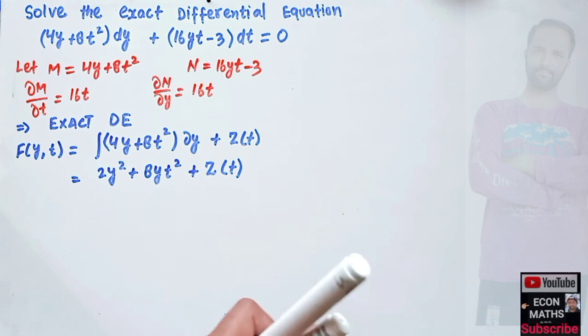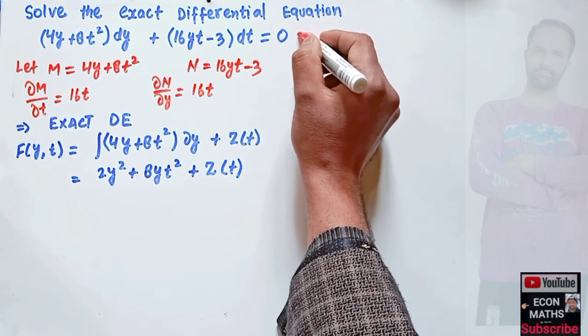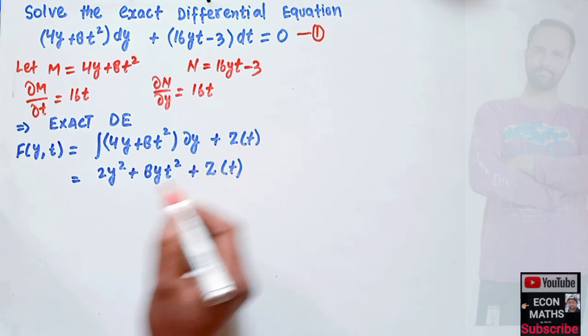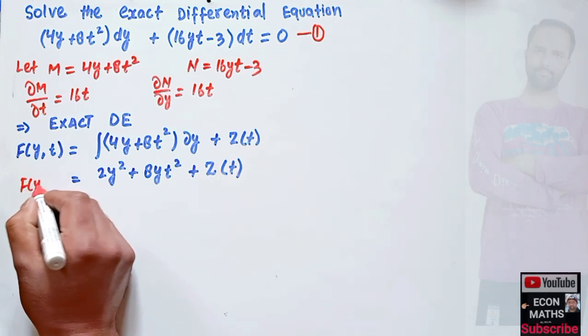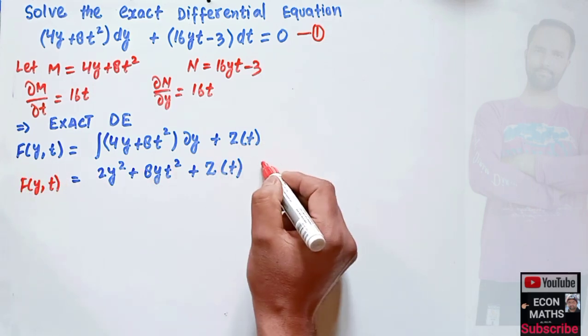This was our second step. Let us say this is equation first, and this is our f(y,t), which is our equation second.